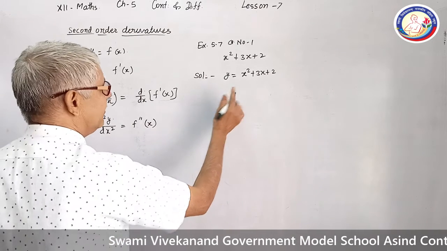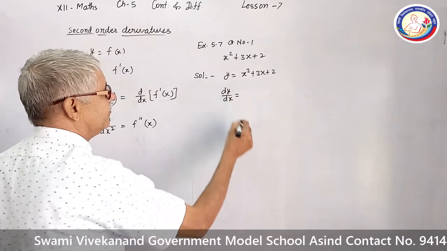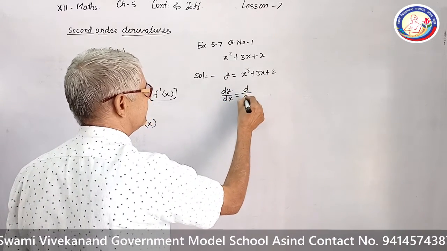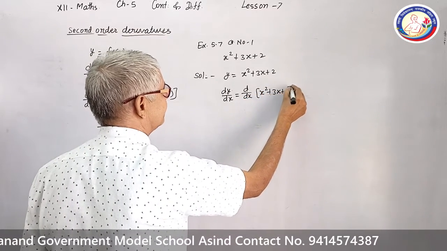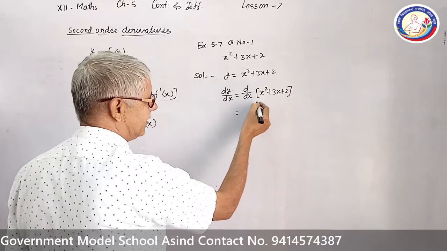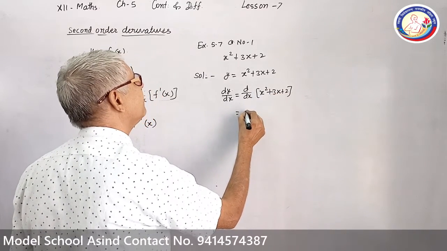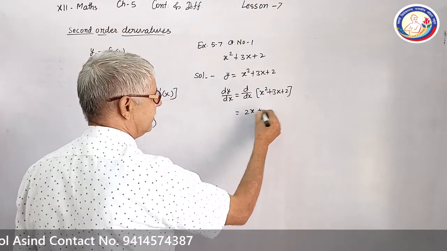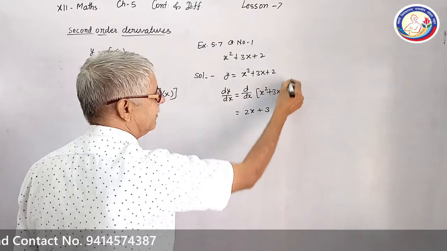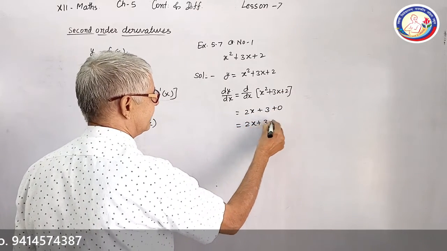So first find derivative of y with respect to x, which will be derivative of this, x square plus 3x plus 2. So derivative of x square is, by addition law, we will have 2x by formula, and then derivative of 3x is 3 and of 2 is 0. That is 2x plus 3.